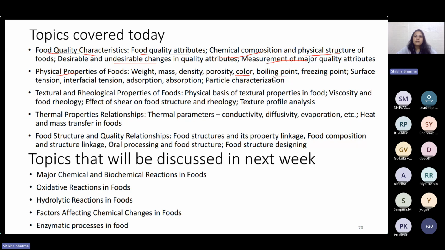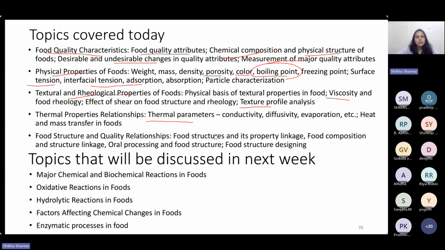b star value, then boiling point, elevation in boiling point, and the surface properties like emulsification and emulsifiers. Then we discussed the textural and rheological properties like viscosity, flow curves, amplitude sweep, frequency sweep. And then the texture profile like chewing, springiness, gumminess.